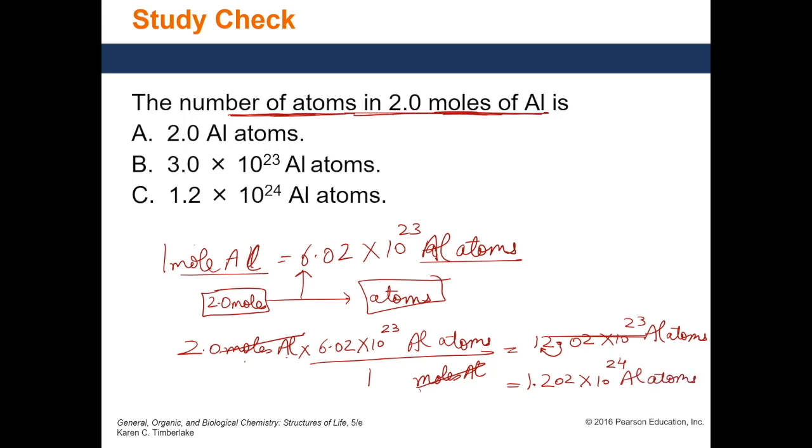And since this initial number is 2 sig figs, my final answer should be 2 sig figs, 1 and 2, which means 1.2 times 10 raised to power 24 aluminum atoms. So that would be our final answer for this question.